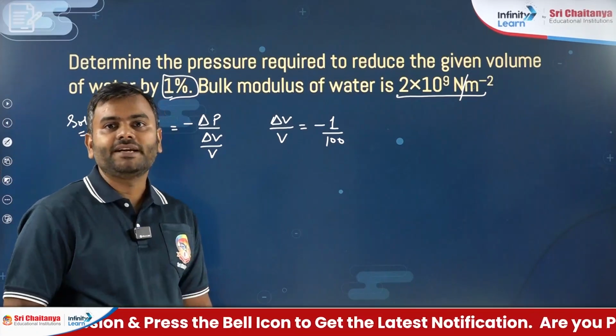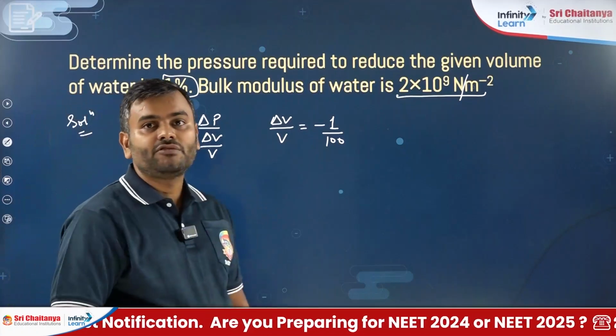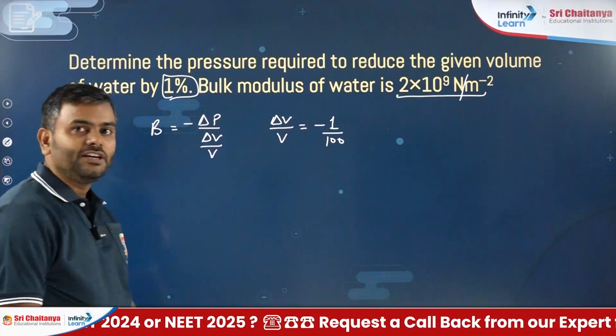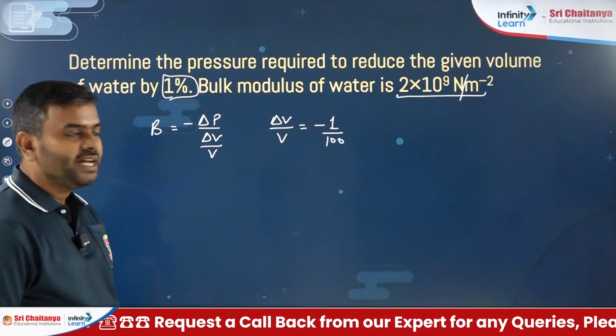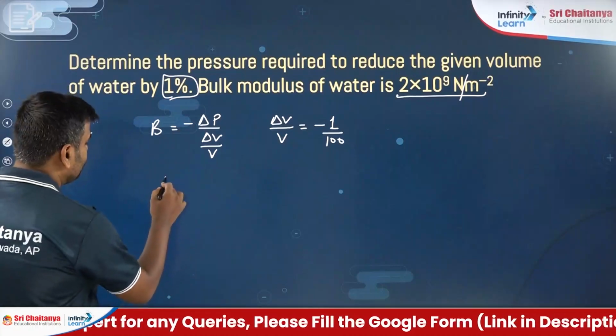So that can be taken as the volumetric strain, and since it is reduced, we have to keep a negative sign along with that. Bulk modulus is already given, so delta P value we have to calculate.